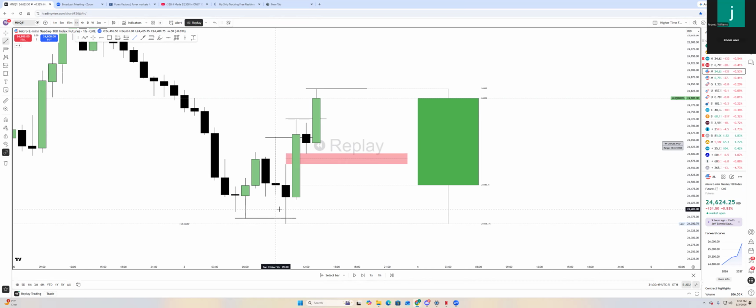Right now, no other low matters to us because we don't have a new swing low that has been created. This black candle is not a swing low because it doesn't have two higher candles on the left and the right of it. So this is still the most relevant swing low until something new has been put in.